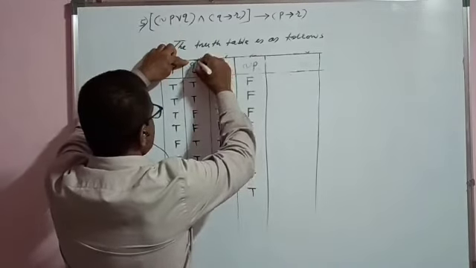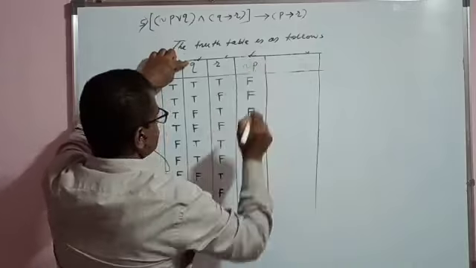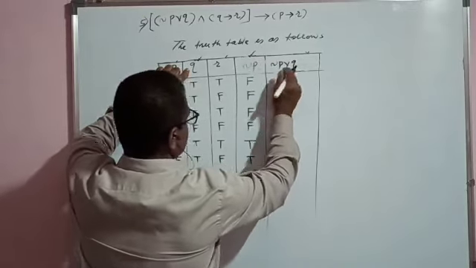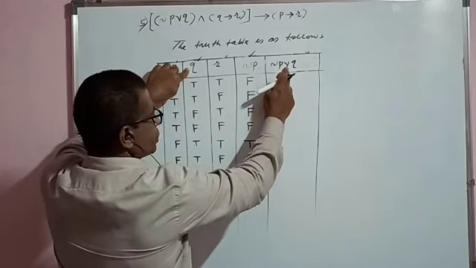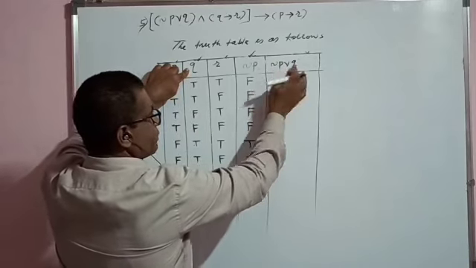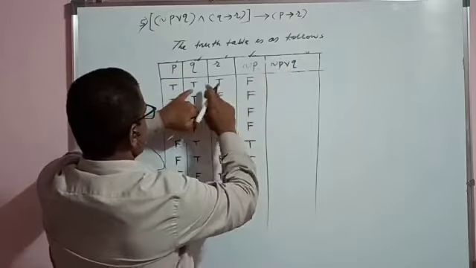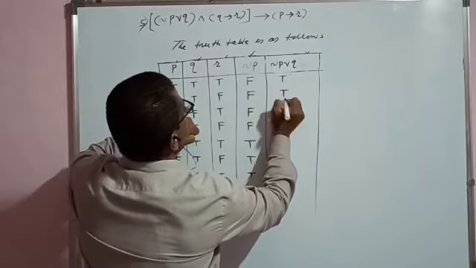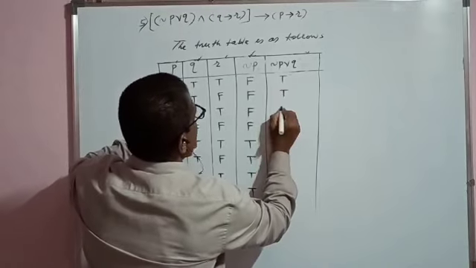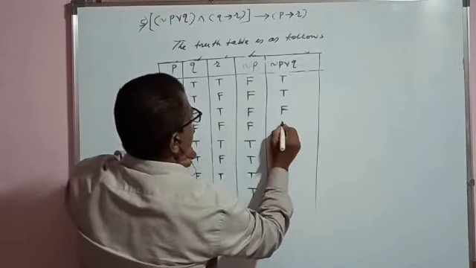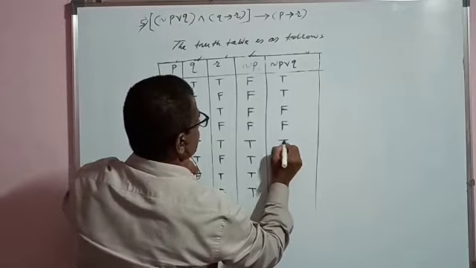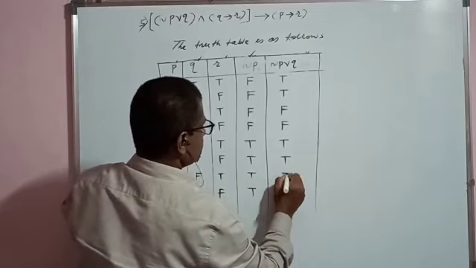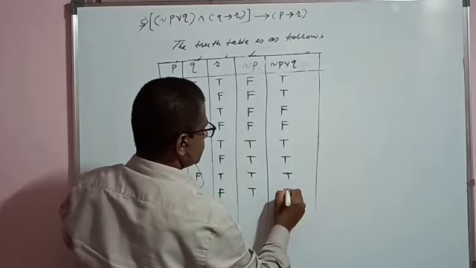Negation of P, disjunction Q. Disjunction is true if both are true or if any one of the two statements is true. So TF, it is T; TF is T; FF, it is F; FF, F; TT, it is T; TT, T; FT, T; and FT, T.